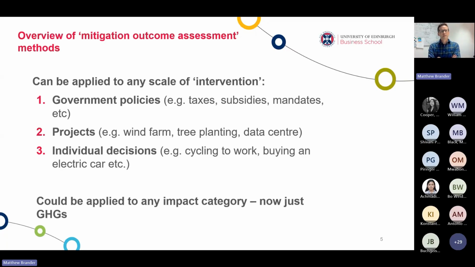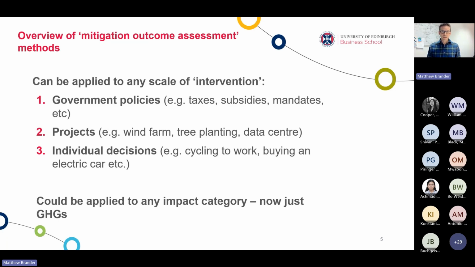Some other things to note by way of background. This method in principle is very generic, so it can be applied to any scale of intervention. It can be applied to macro scale interventions, things like government policies, taxes, subsidies, mandates, and so on.